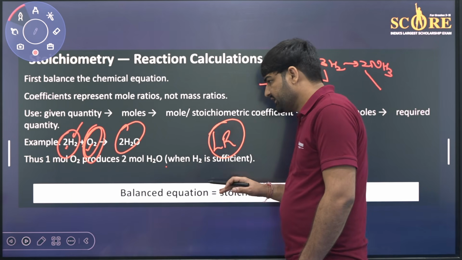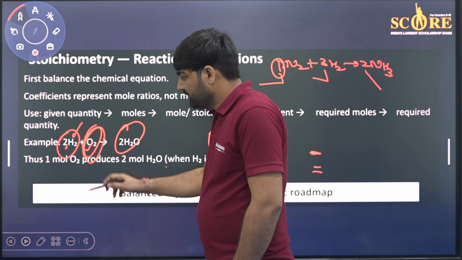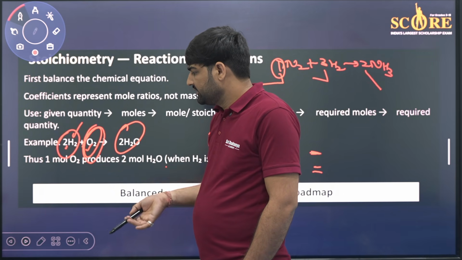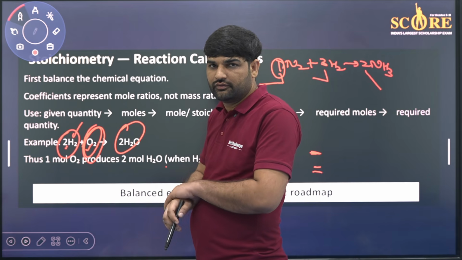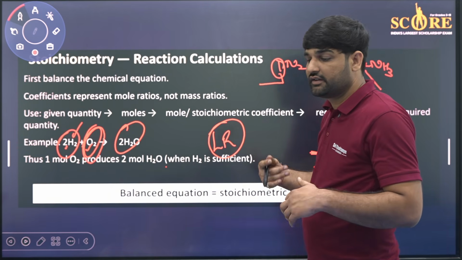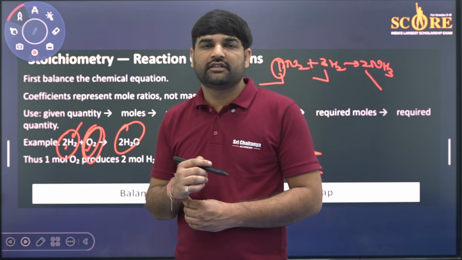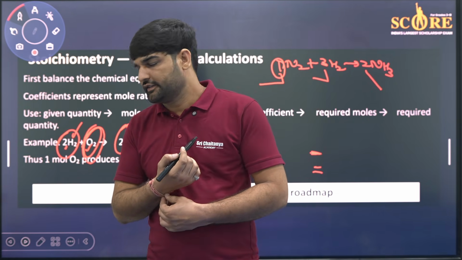Here H2 is in sufficient amount, and if I take H2 in excess and O2 in a limited amount, then O2 will be known as the limiting reagent, and further reaction or calculations will be done using the limiting reagent.